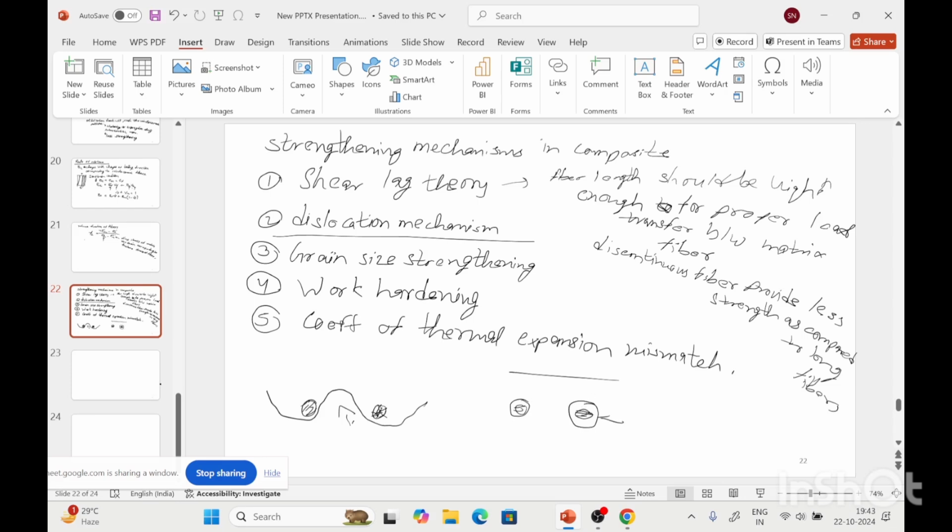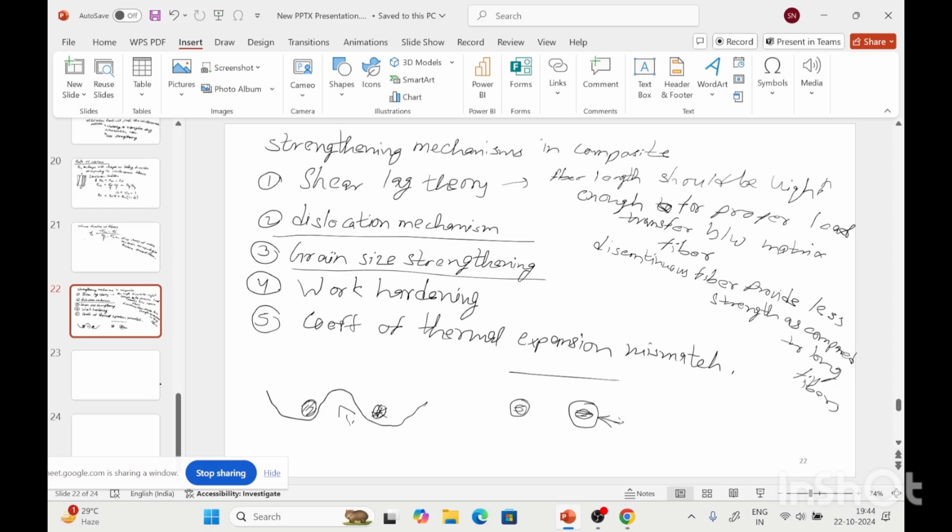This further looping will act as the dislocation generating source, and therefore leads to the strengthening in the metal matrix composite.